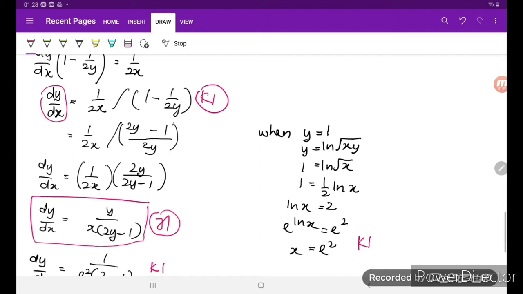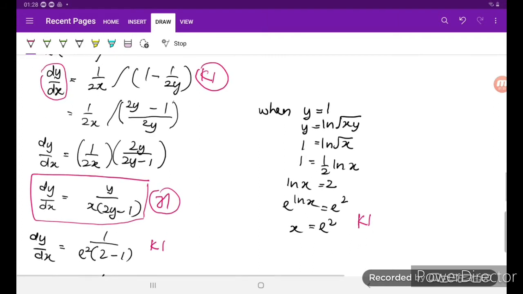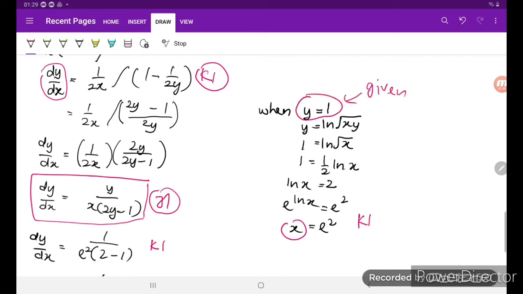Then you will find x by substituting this given in the question into your original function given in the question also. You will get e to the power of 2 is equal to x. So this one we will get K1, and then substitute both y equals 1 and also x equals e to the power of 2 inside this.